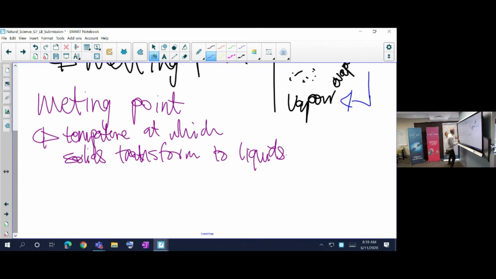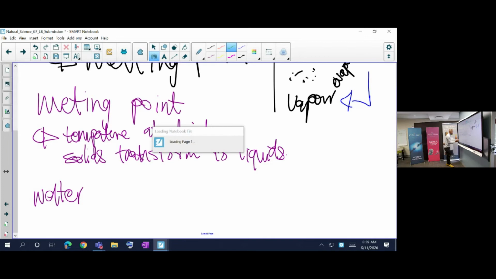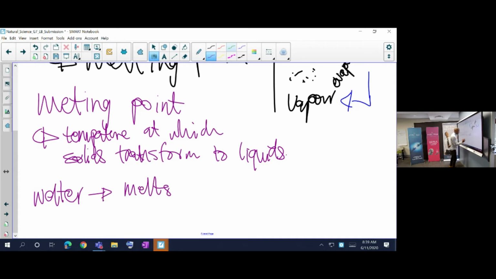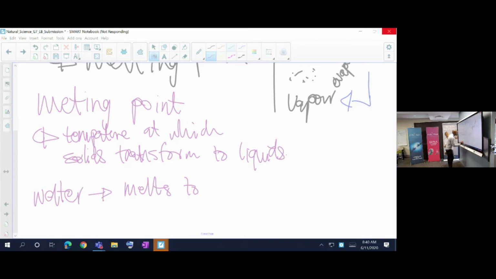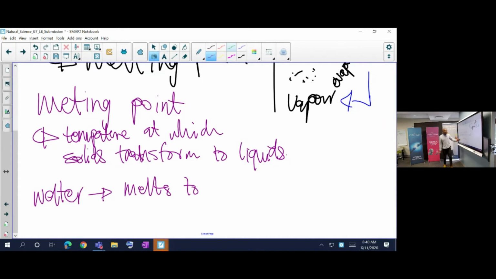Let's take water for an example, H2O. We know that ice will melt to water, melts to liquid, at 0 degrees.